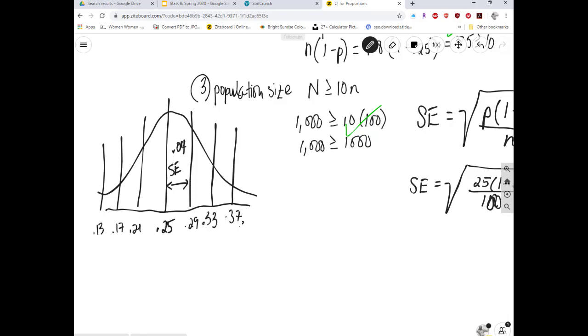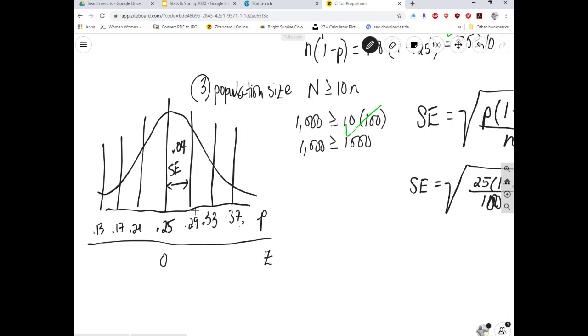So what I'm doing is creating this model so that I have a good idea of what this is going to look like. Okay, so here's my model. These are my p values, but also remember that z-scores correspond with each one of these lines. The z-score that corresponds with the population proportion is 0.